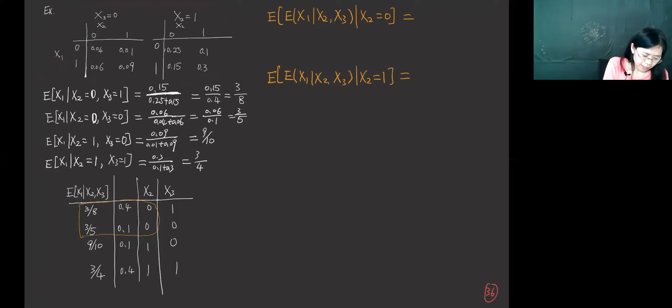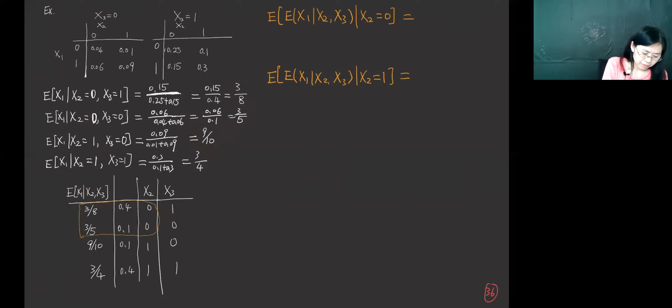And we have calculated the conditional expectations of x1 given each of these four pairs of values for x2 and x3. We calculated them to be 3/8, 3/5, 9/10, and 3/4.